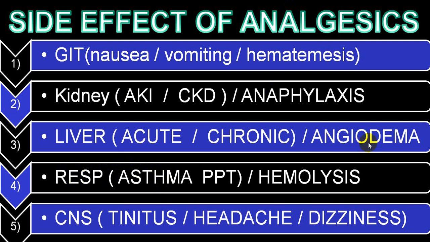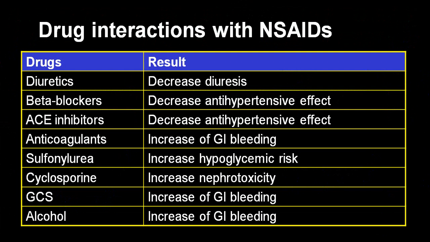Also it should not be given in a person with hemolytic anemia. It can produce hemolysis. Some of the analgesics, particularly indomethacin, can produce tinnitus, headache, dizziness. So these are some of the major side effects which you can come across in different NSAIDs together.